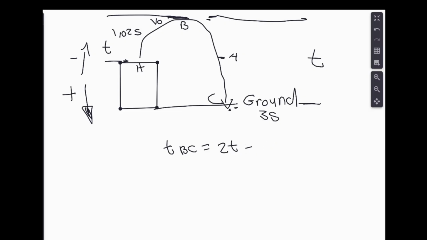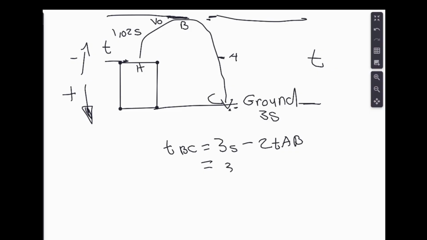So we know that the travel was 3 seconds, right? So we know that the travel was 3 seconds minus 2 times time AB.